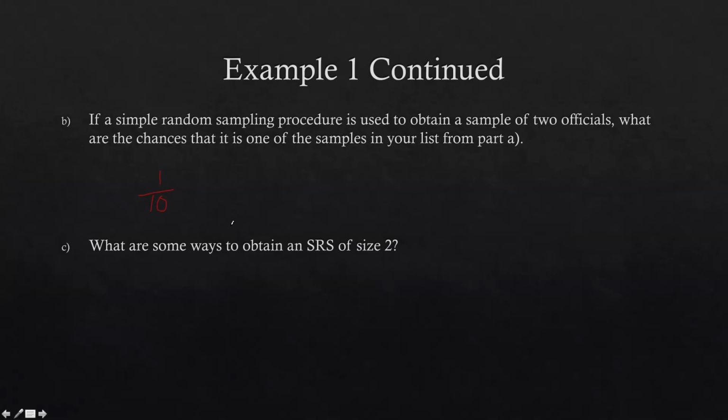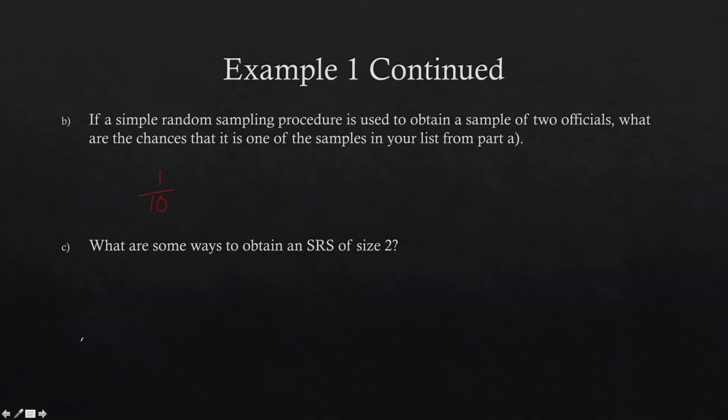What are some ways to obtain an SRS of size 2? Well, you could write them all out on slips, put them in a hat and draw them out. You could use a random number table. You could use a random number generator. There are lots of ways.